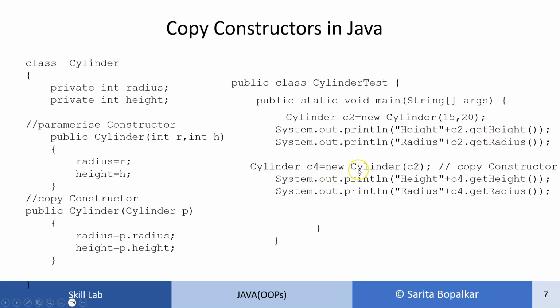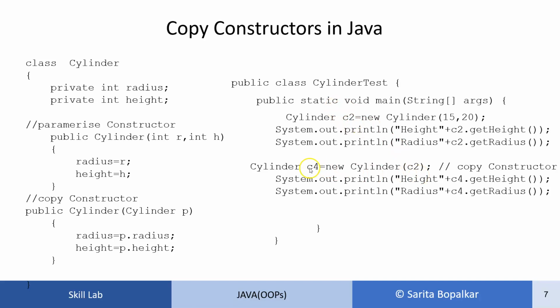Now one more object I will create, Cylinder C4 = new Cylinder(C2). Here this C2 is nothing but this object. That means while creating another object, I am passing the previous object which I have.